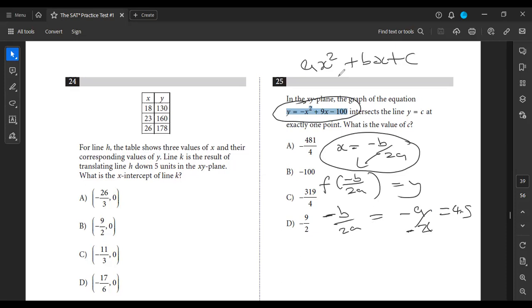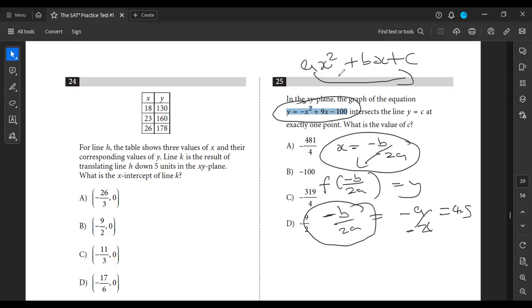Yes, sir. All right. So we just need to know that our x value is going to be negative b over 2a. The reason why it's that way is because of completing the square. So if you want to, after we're done with the paper, we can complete this square and come up with it so that you see why. But this is what's going to happen.